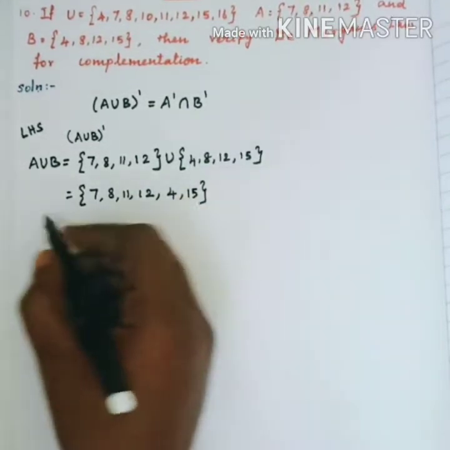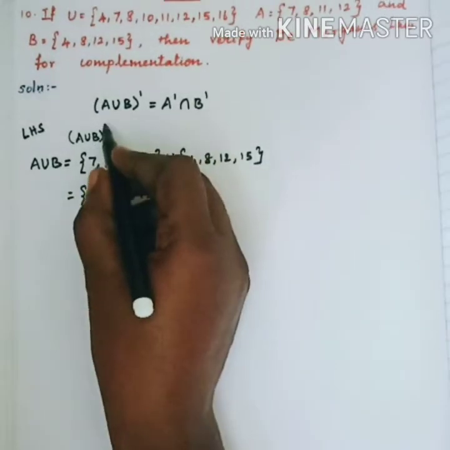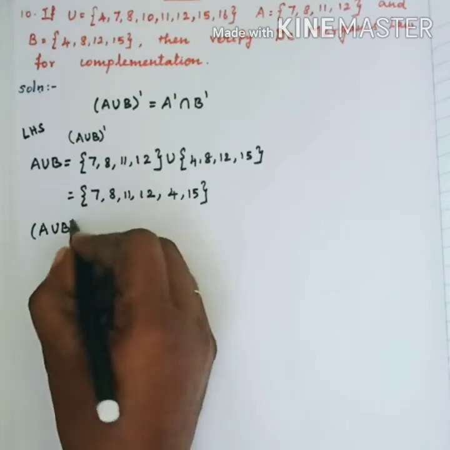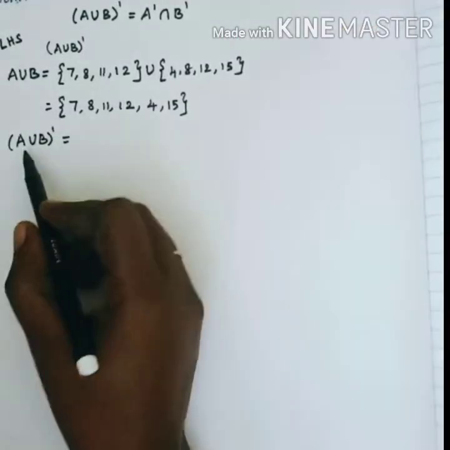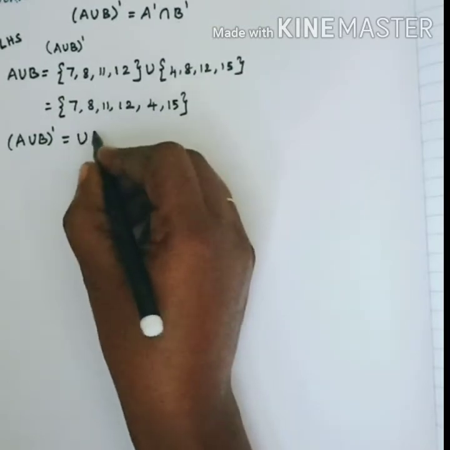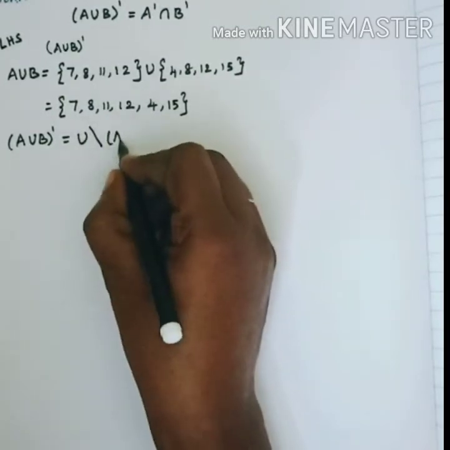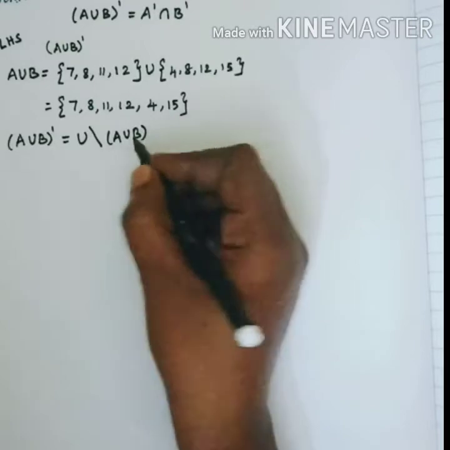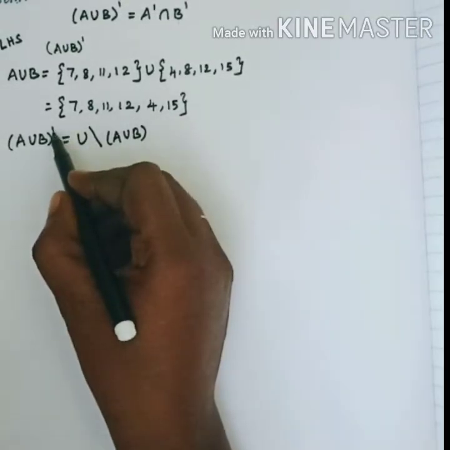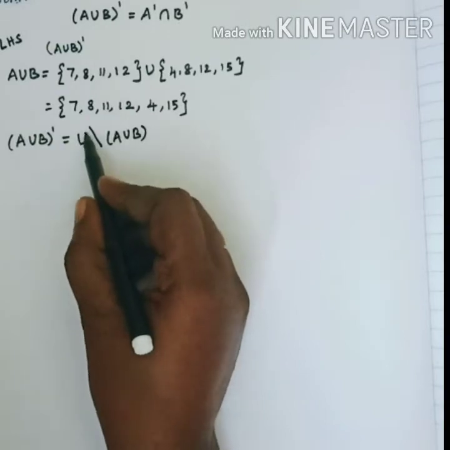Next we have to find (A union B)'. For (A union B)', the whole dash is equal to U slash (A union B). For the first time we are using this. Whenever this dash comes, you have to use the universal set.